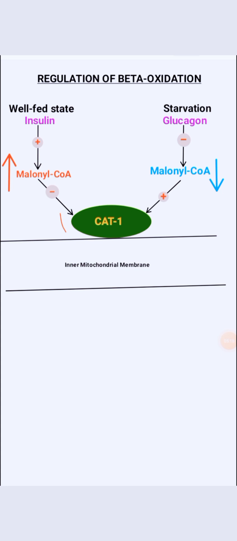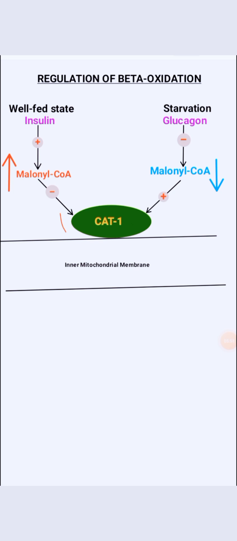So during the well-fed state, when you have glucose in the body, you're going to produce insulin, and insulin will stimulate the formation of malonyl-CoA. In other words, the level of malonyl-CoA is going to increase. And malonyl-CoA is an inhibitor for this enzyme because we don't want to have fatty acid synthesis and beta oxidation at the same time.